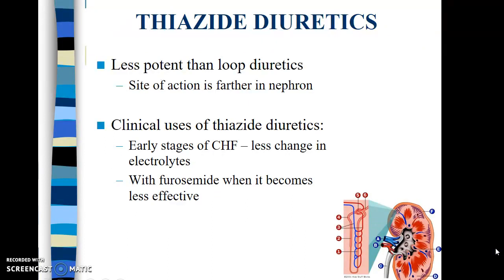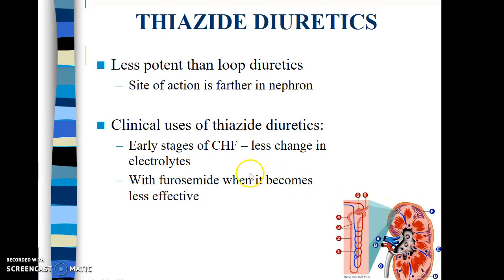They do not work as well as furosemide, because they act in the distal convoluted tubule. And by then, much of the sodium has already been reabsorbed in the loop of Henle. That's where most of that occurs. So we don't get as good fluid elimination.